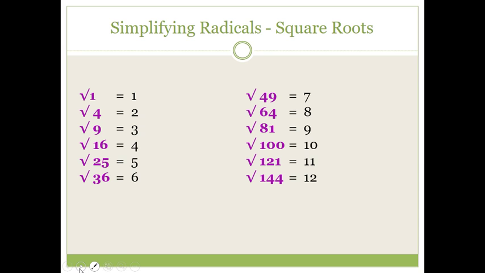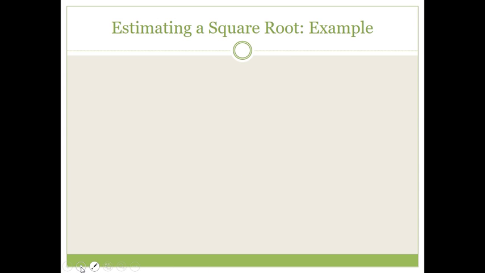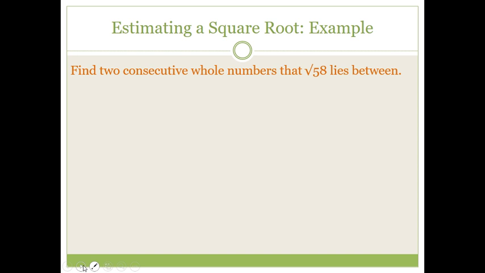Now, in your lesson, they wanted to give you this list of perfect squares so that you could use that to then simplify radicals. But I'd like to show you a way to simplify radicals later that doesn't involve using perfect squares. But what we are going to use perfect squares for is to estimate the value of a square root without a calculator.